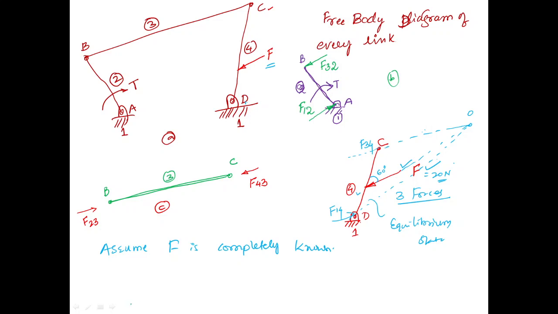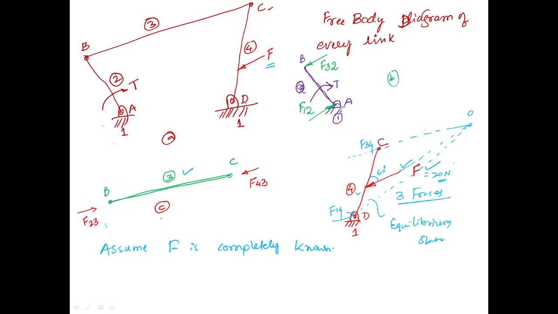Now coming to link 3, this link 3 is already in equilibrium state, because the forces acting on this member are collinear, that means acting along the line BC. Thus the directions are also opposite.